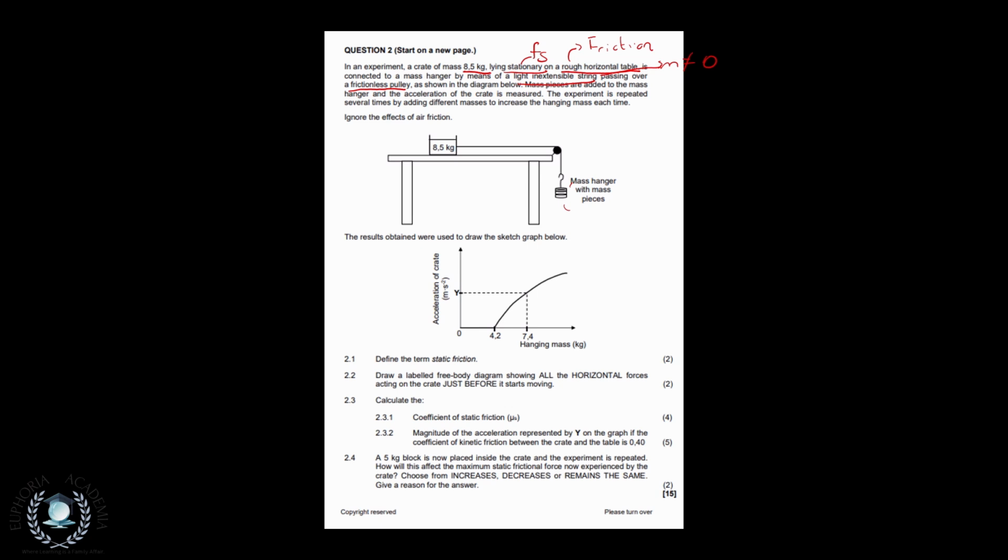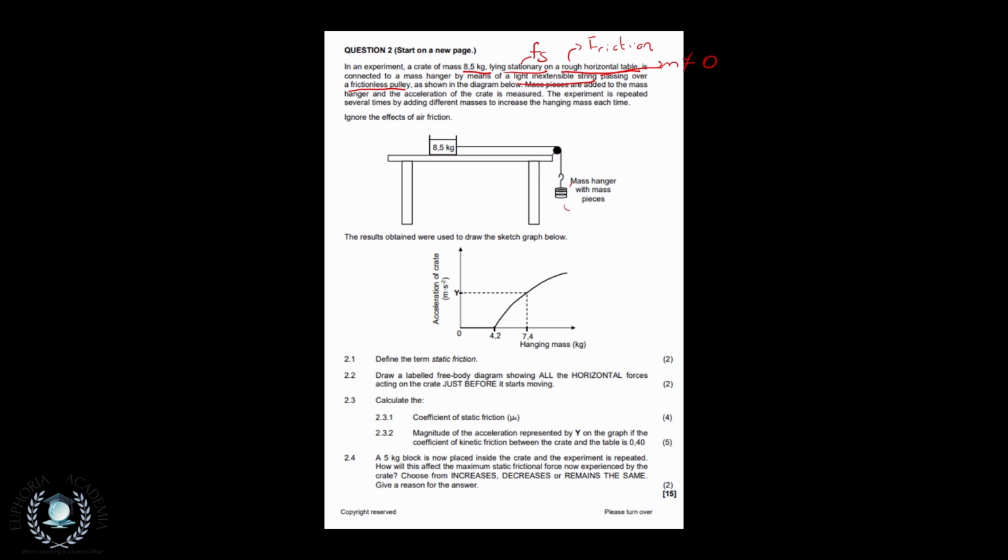And then after 4.2 kilograms, we don't know exactly at which point, but we start having acceleration. So it moves after 4.2 kilograms, but before 4.2 kilograms, it's still static.